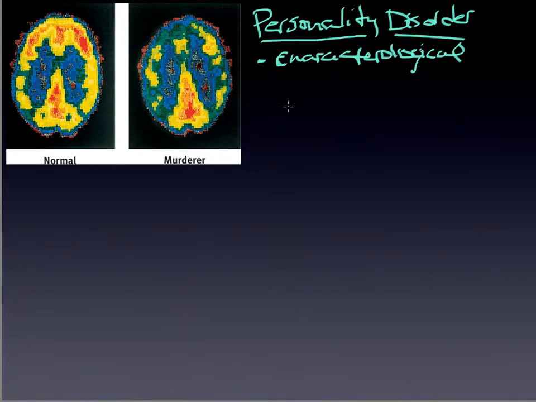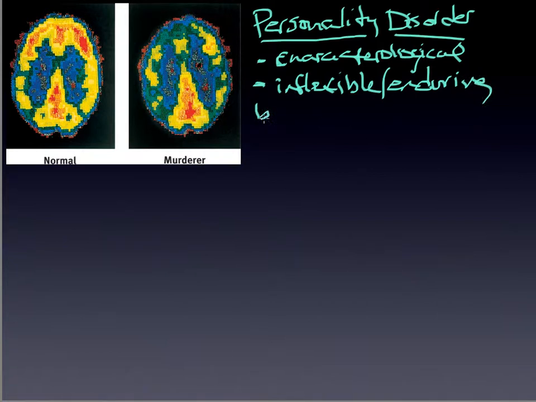And so essentially, if we were to define it, they are characterized by inflexible and enduring behavior patterns that impair social functioning.